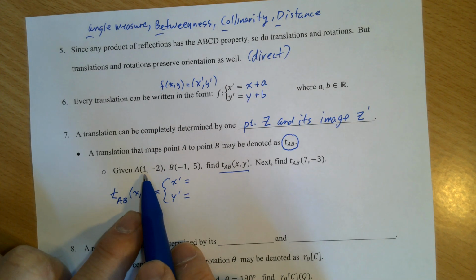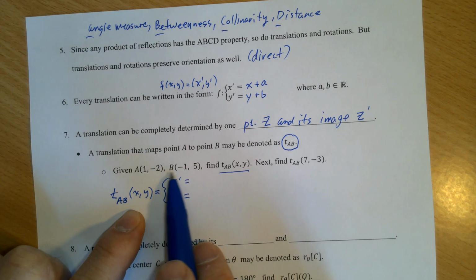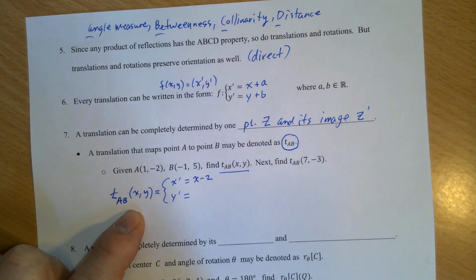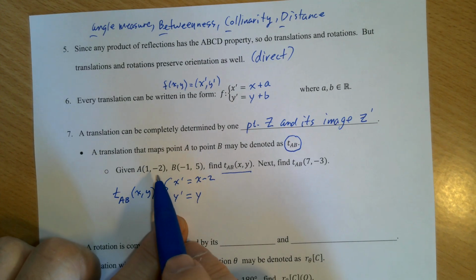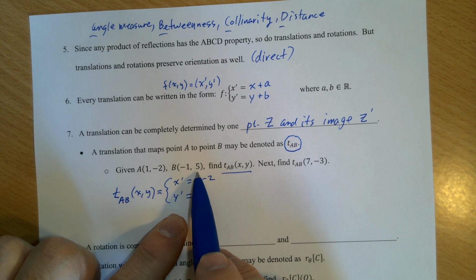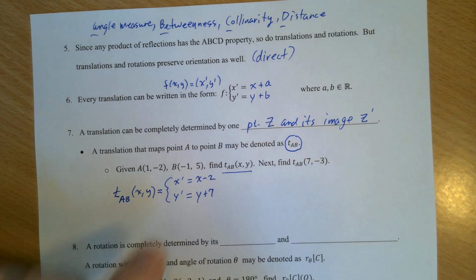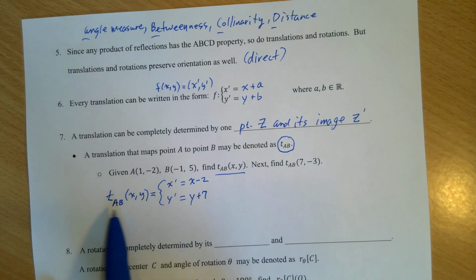All you need to do is say, what did we do to this x value A to get to this x value B by adding or subtracting a number? 1 to negative 1 means we subtracted 2, right? 1 minus 2 gives you negative 1, so it's going to be x minus 2. Now, y prime, what did we do to negative 2 to get to 5? We added 7. That's how you'll compute the image for every single point under this translation.